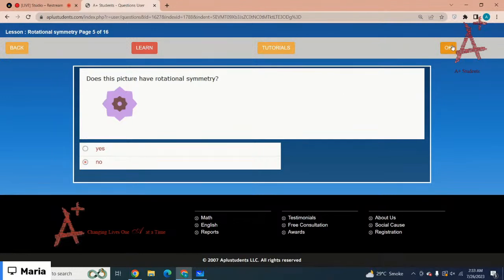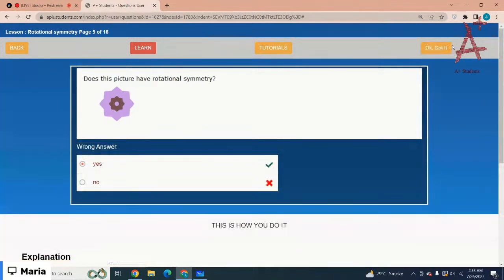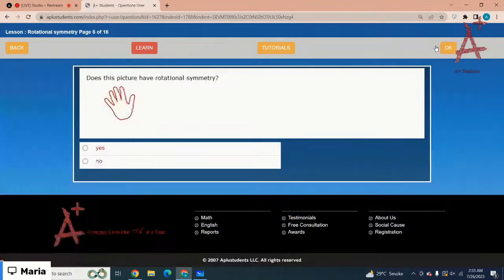The correct option is no. Oh, sorry. Yes, the picture has rotational symmetry. If you move the picture along half or less, it looks the same. So yes, it has rotational symmetry. The correct option is yes.